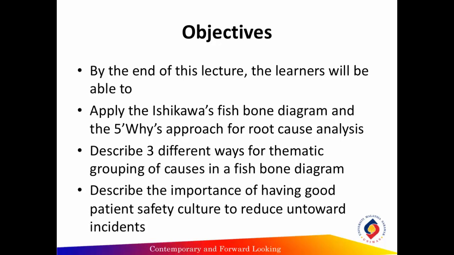Number 2 is to describe 3 different ways, I'm going to share 3 different ways for thematic groupings of causes in a fishbone diagram. Number 3 is to describe the importance of having good patient safety culture in order to reduce untoward incidents.